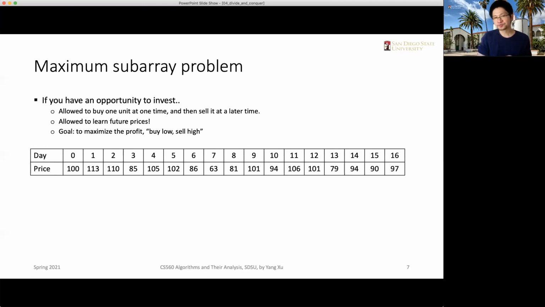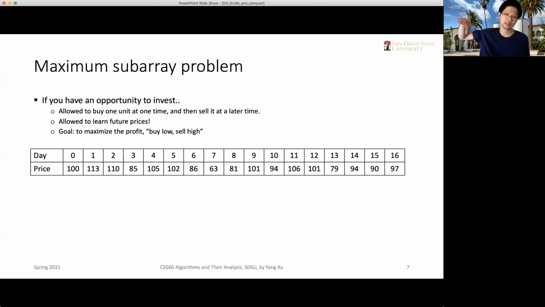For example, suppose this is the price in the stock market, which you can imagine as the price per share for a company. From day 0 to day 16, we have the corresponding prices here.